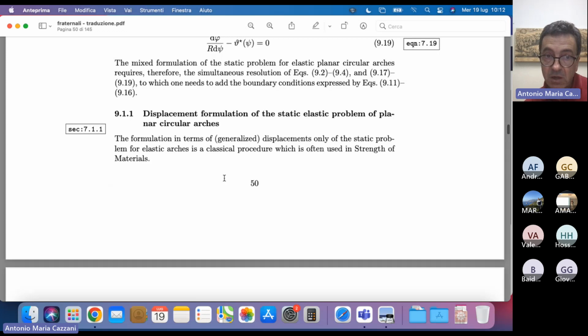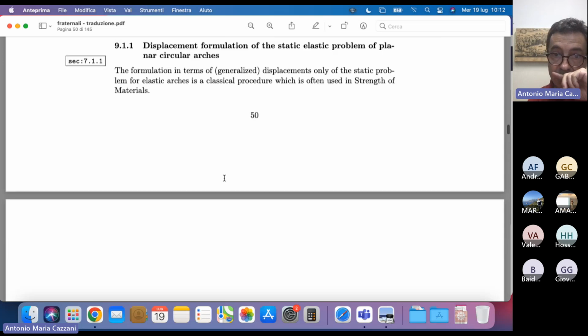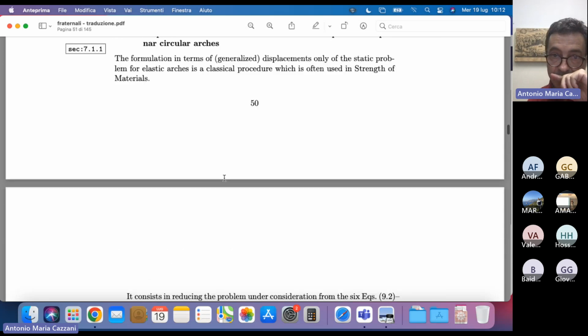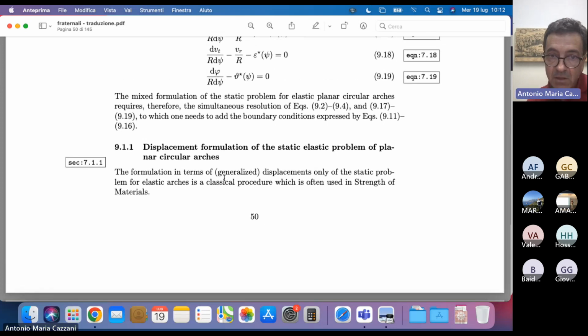And so we will see now how to develop the governing equation for circular arches in terms of only kinematic quantities.